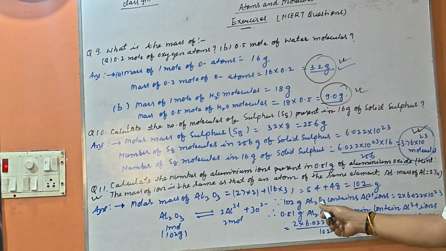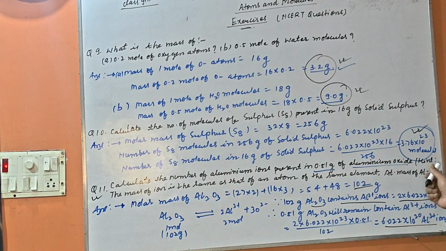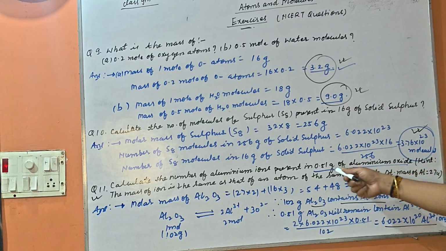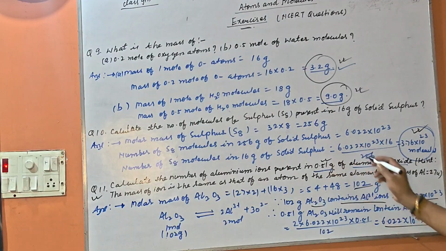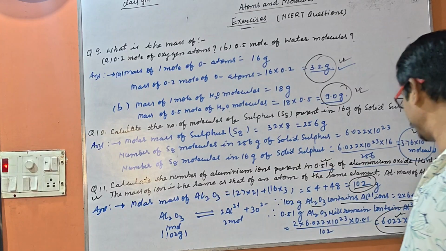Since 102 gram of Al2O3 contains 2 into 6.022 into 10 to the power 23 Al3+ ions, because there are 2 moles of aluminum, 0.51 gram contains 2 into 6.022 into 10 to the power 23 into 0.51 by 102 Al3+ ions, because 102 is the molecular mass. So the answer is 6.022 into 10 to the power 20 Al3+ ions.